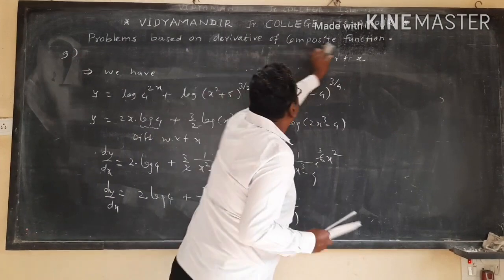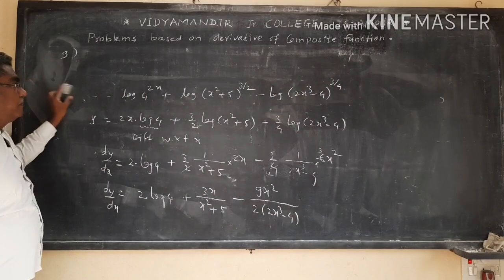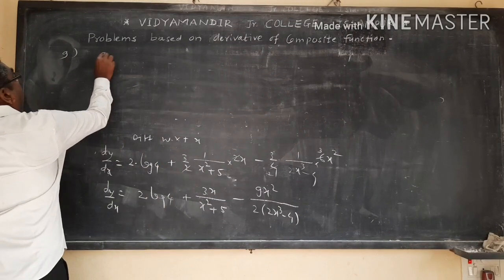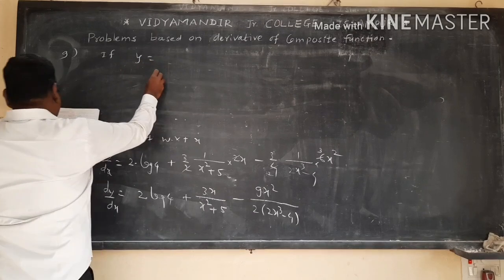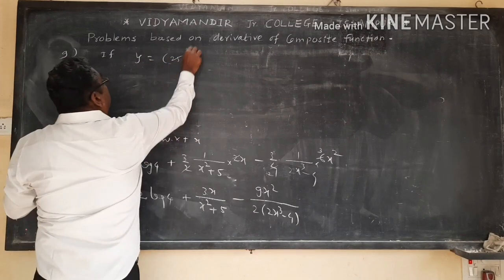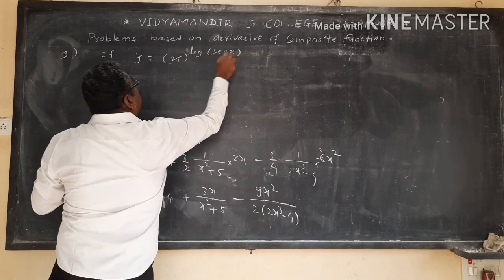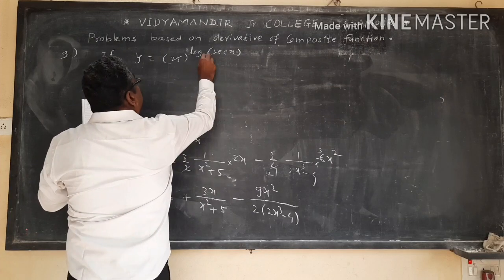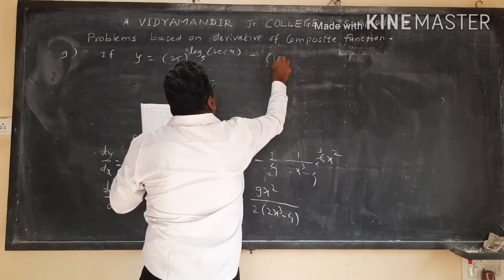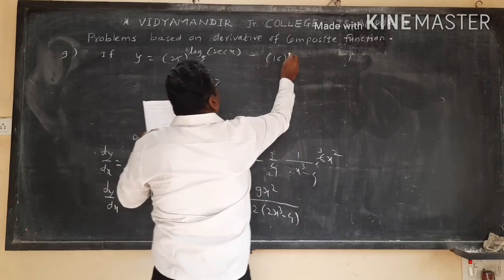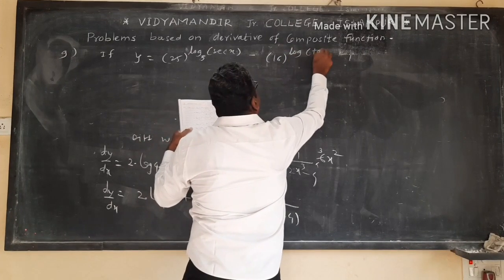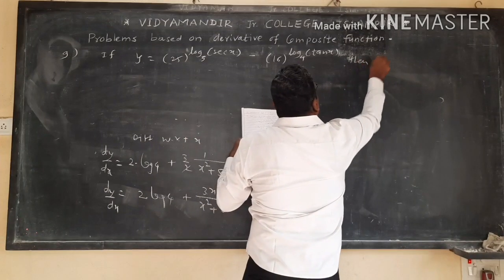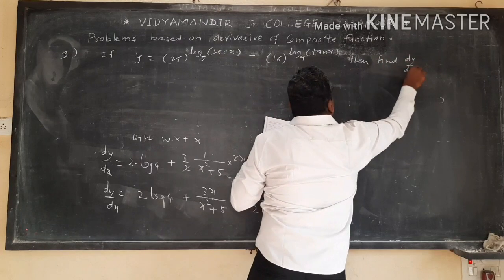If y is equal to 25 raised to log sec x to the base 5 minus 16 raised to log tan x to the base 4, then find dy by dx.